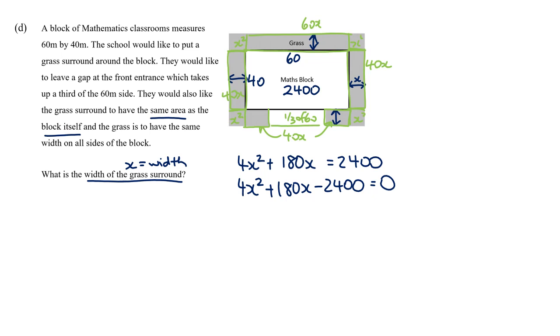But in the words, which takes up a third of the 60 side. So that's how I've interpreted that to be a third of the 60 as opposed to a third of the 60 plus the 2x. Yeah, it's a good question though. But to be fair, if you'd done it that way, I probably wouldn't have been punished.